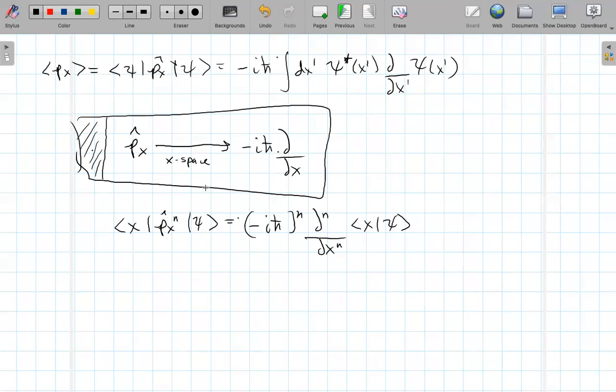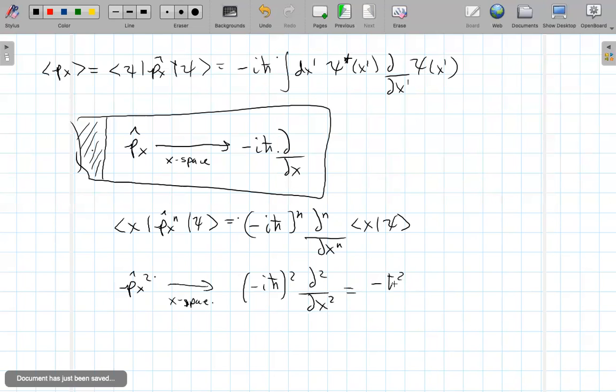So if I act this n number of times, I simply do n powers of this. For example, when you're looking at the Hamiltonian and you're looking at p_x squared, all that means in position space is minus i h bar quantity squared times the second partial derivative, which is equal to minus h bar squared times the second partial derivative.